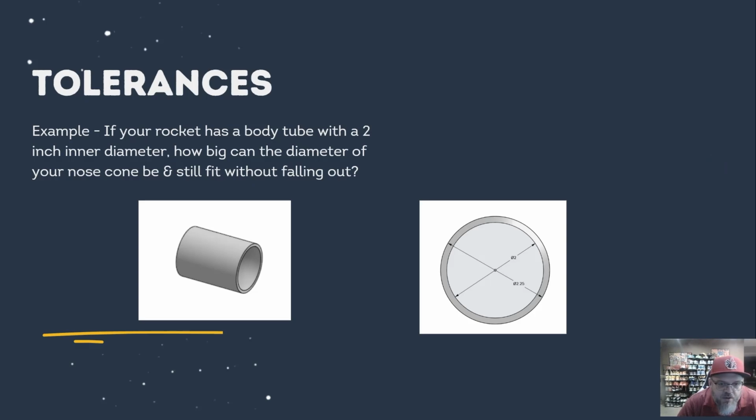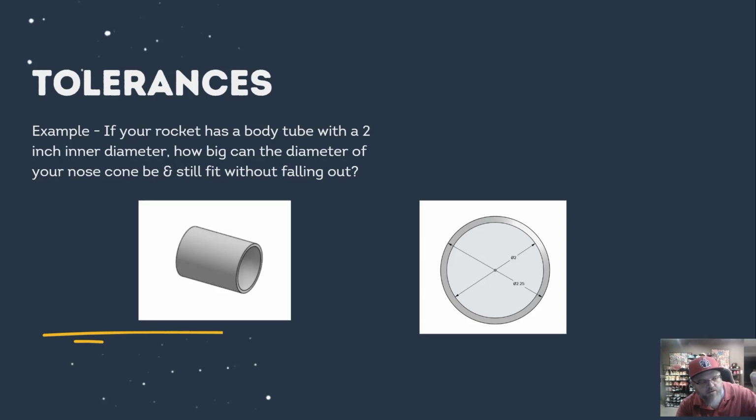So, kind of start out with a little bit of a problem here, or food for thought. If your rocket has a body tube and the inner diameter of that is 2 inches, how big can that nose cone be to fit and still not fall out?